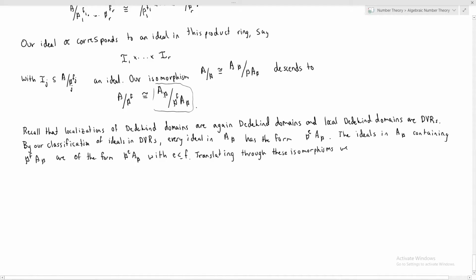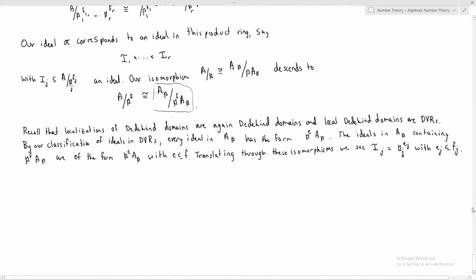We see I sub j is necessarily P sub j to the E sub j with E sub j less than or equal to F sub j. Okay, so ideals here correspond to ideals here. I know what every ideal here must look like, so I know what every ideal here must look like.